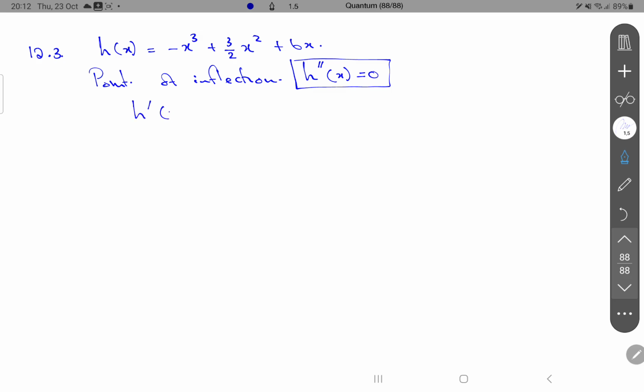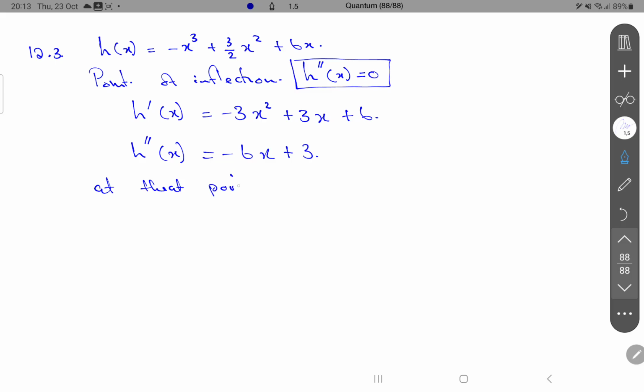H prime of x, we get negative 3x squared plus 3x plus 6. We differentiate it again, h double prime of x. We get negative 6x plus 3. Now at that point, we are saying our h double prime of x equals 0.